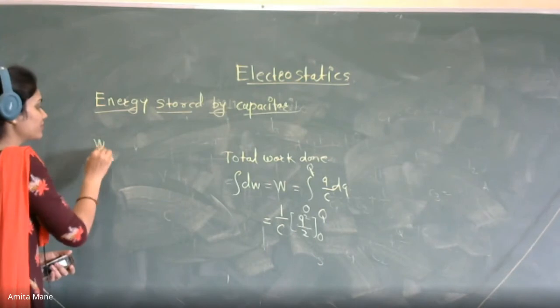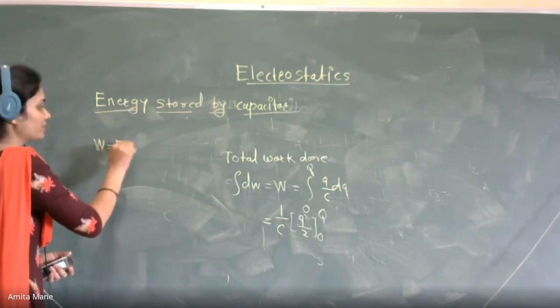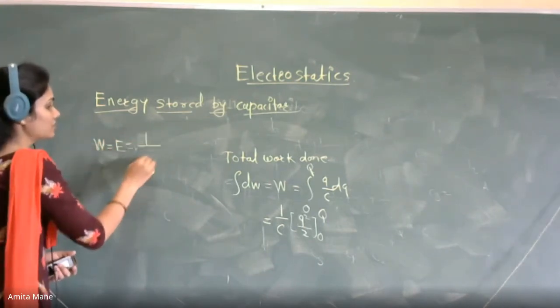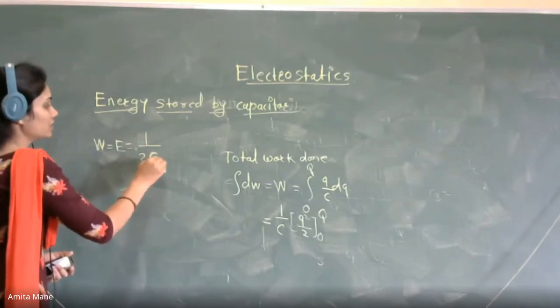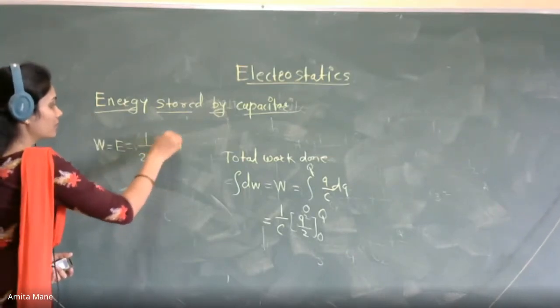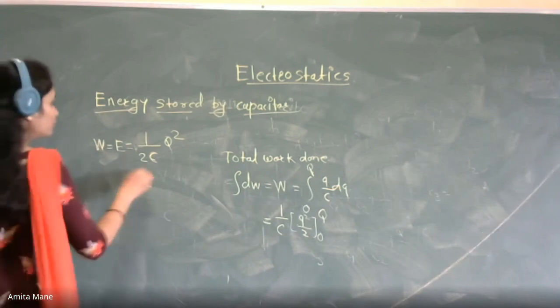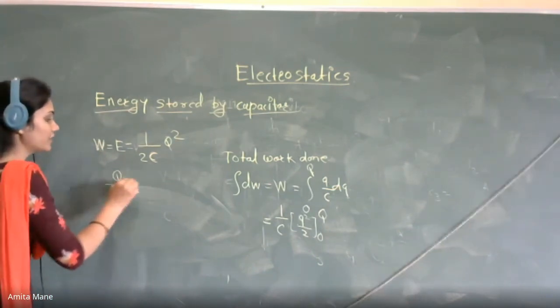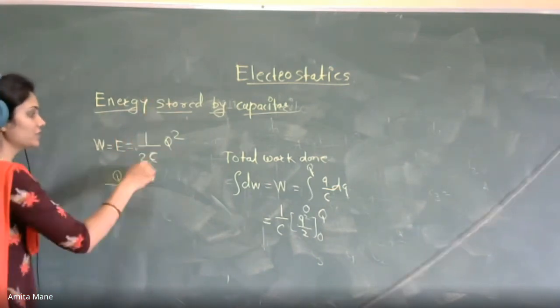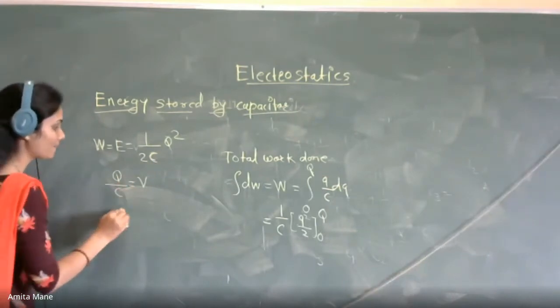This was the energy stored, and now to see, is it correct? Half C into Q square, suppose it is by C. Okay, so what will come here? Half CV square, and half QV, and C square will come.